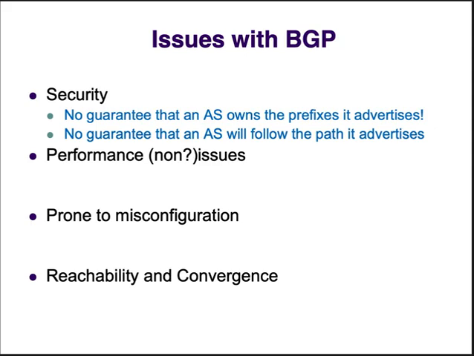What would you do to make sure that an AS actually follows the path that's being advertised? You can imagine using digital signatures or cryptography so that you cannot hijack a prefix. What about making sure that a packet actually follows the path?